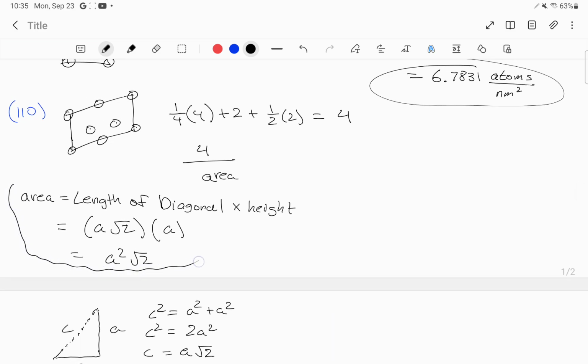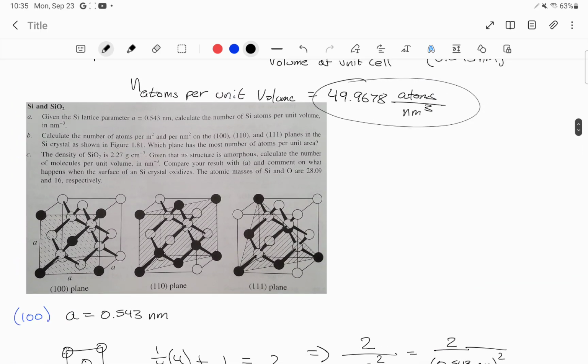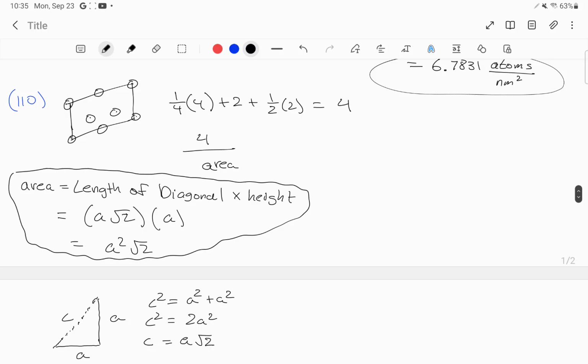So now that we have the area, we can find the number of atoms on the plane. So we have 4. We know that there are 4 atoms on the plane. And the area is A squared times square root of 2. And what is A?